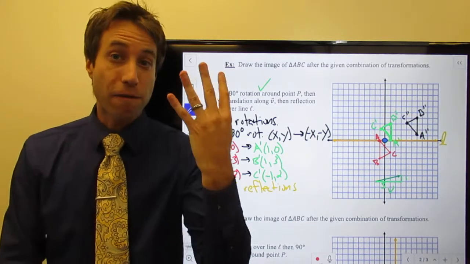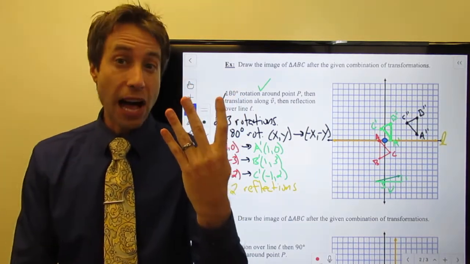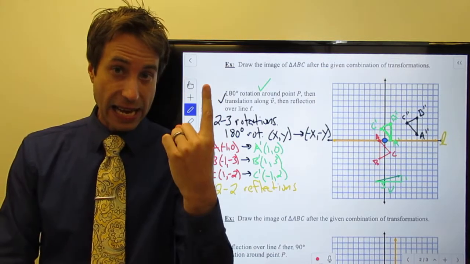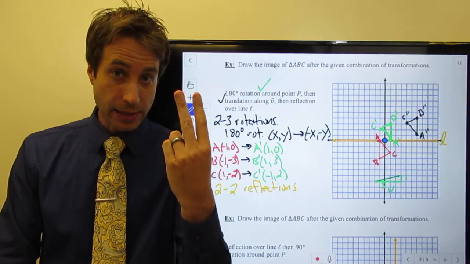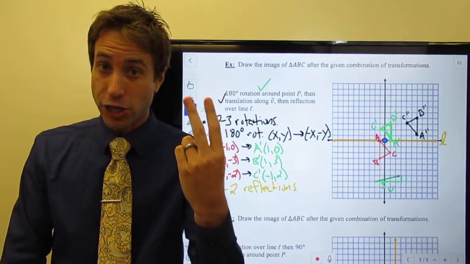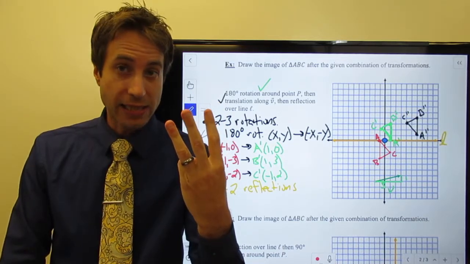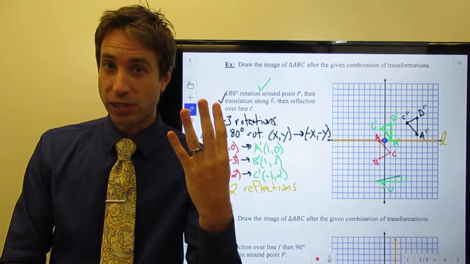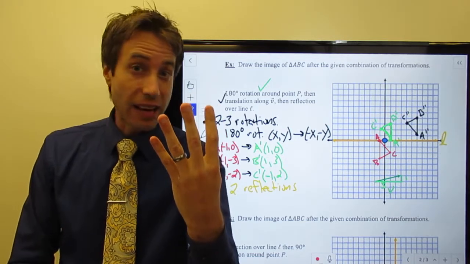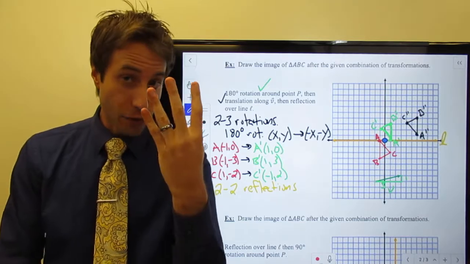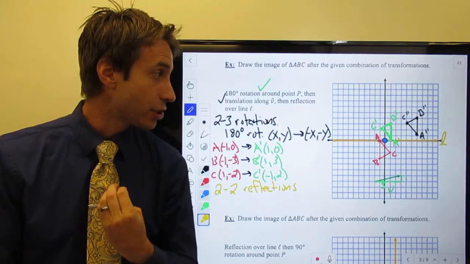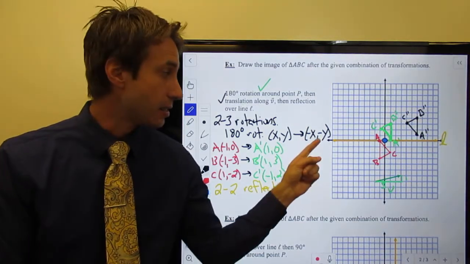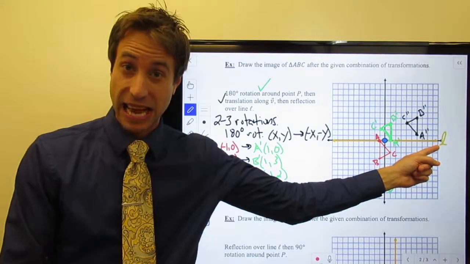We talked about 4 common lines of reflection: the x-axis, the y-axis, the identity function, y equals x, and the inverse of the identity function, y equals negative x. Is my line of reflection one of those 4 common lines of reflection? It sure is. My line of reflection is the x-axis.